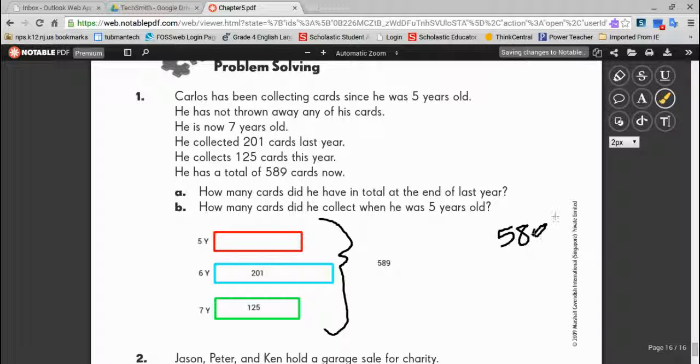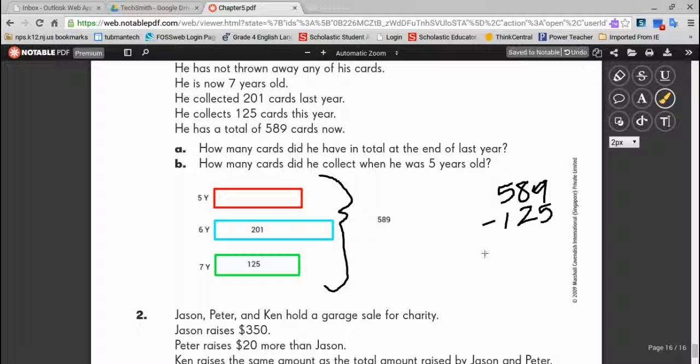589 minus 125. Okay, so 9 minus 5 is 4. 8 minus 2 is 6. And 5 minus 1 is 4. So, at the end of last year, in total, he had 464.